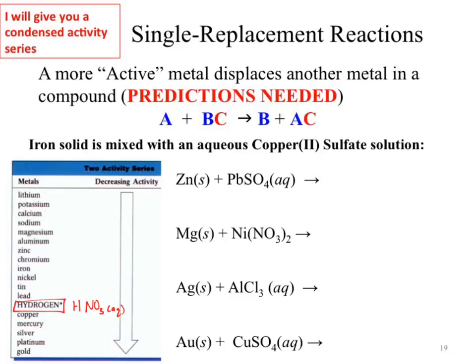So if we have an acidic hydrogen, which for some dumb reason we have not defined yet, don't stress on it. Okay? If we have an acidic hydrogen, that's typically the hydrogen that's referenced within the activity series. So it has to be, for lack of any better descriptor at this point, an acidic hydrogen.